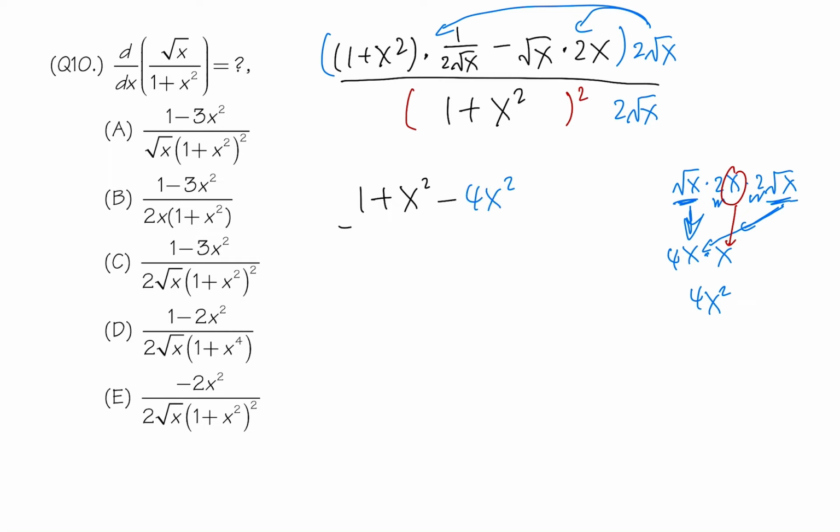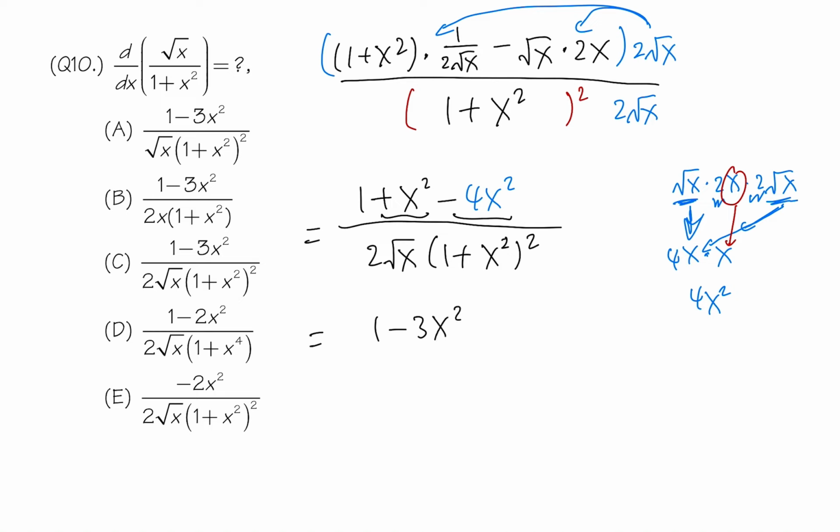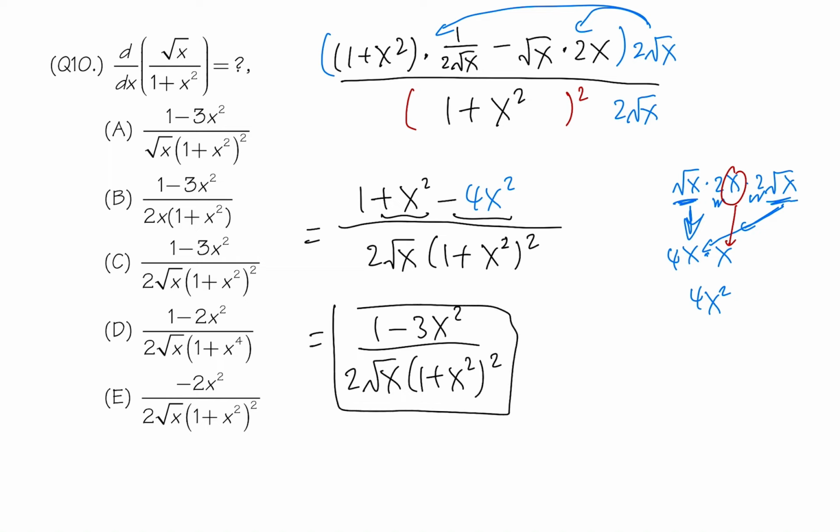And then the bottom is nice. I will just write down the 2 square root of x first. And then 1 plus x squared. And then square. At the end, this and that can be combined. Ladies and gentlemen, 1 minus 3x squared over 2 square root of x times 1 plus x squared and then squared. This is it.